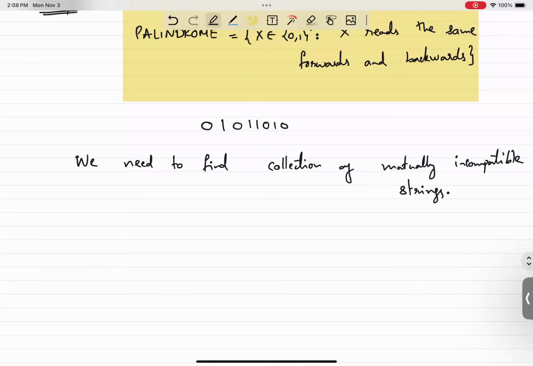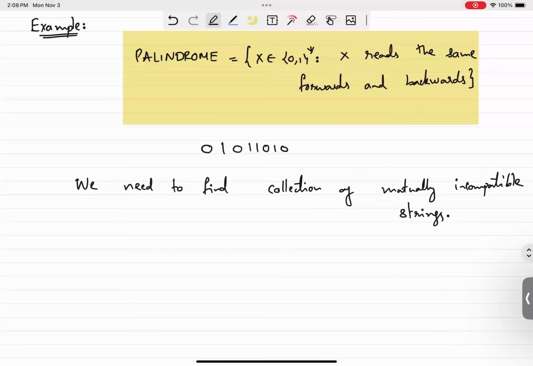So we need a collection of things so that, if you define f as this function, let me say pal of x equals 1 if x is a palindrome and 0 otherwise. Okay, so you want to check if x reads the same forwards and backwards.